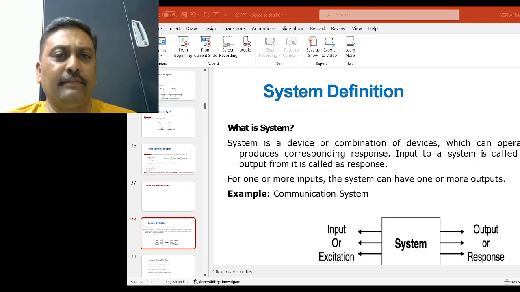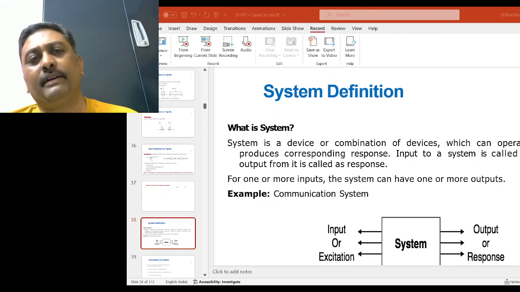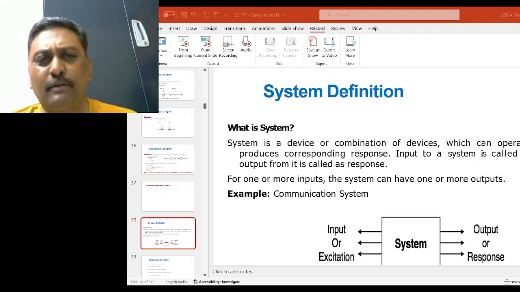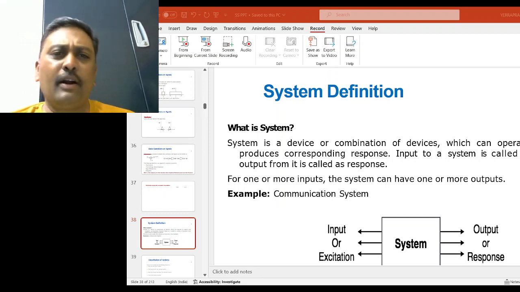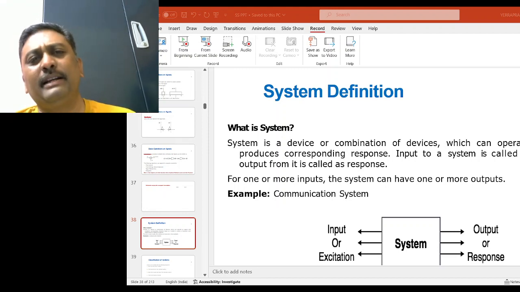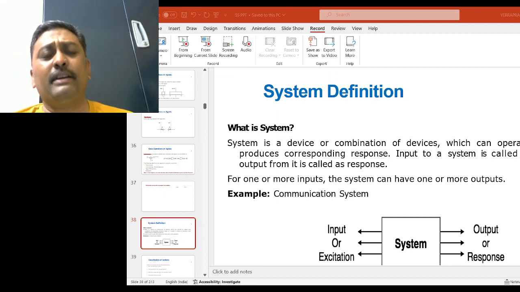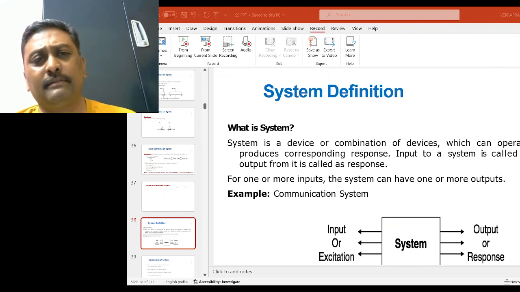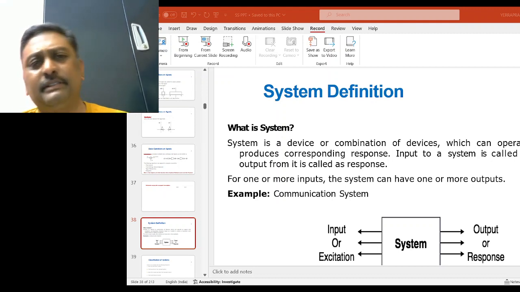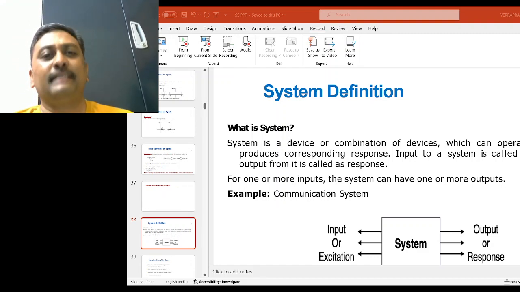A half wave rectifier, a full wave rectifier, a modulator, a demodulator or an antenna, anything can be regarded as a system where you give one input and get some output. If you give multiple inputs, you may get multiple outputs, such as in a MIMO antenna.